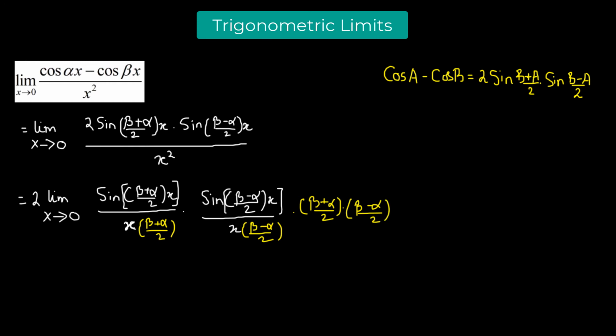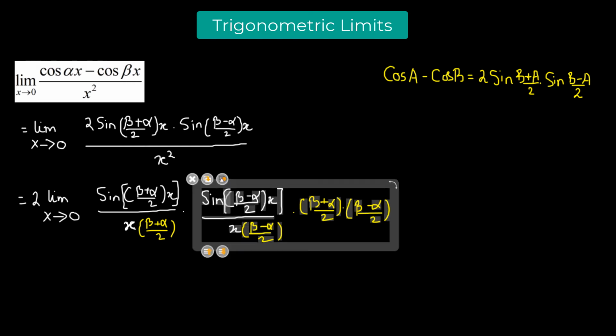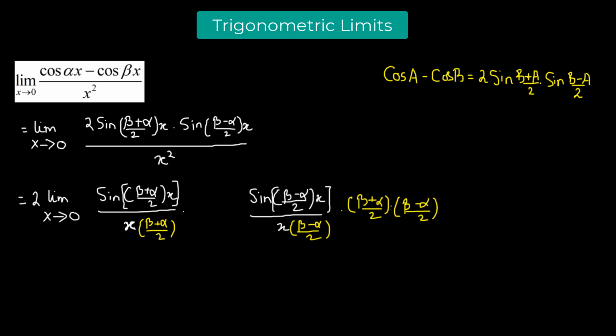Now when we calculate the limit, I'm going to do it here itself. We have the limit as x tends to 0. The first limit value is going to be equal to 1. The second limit value is also equal to 1.